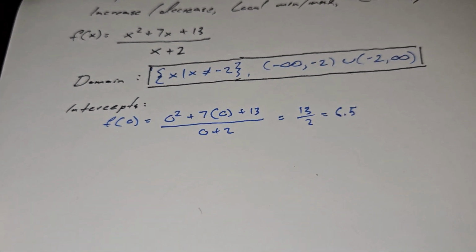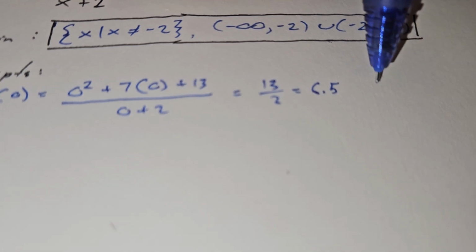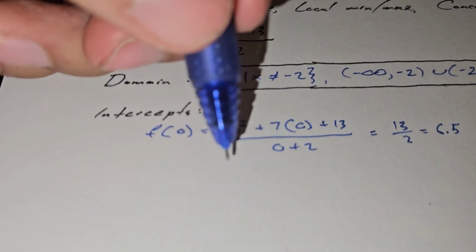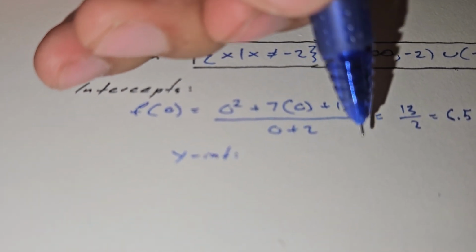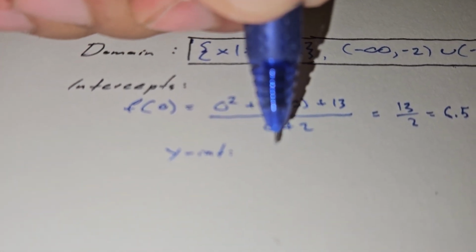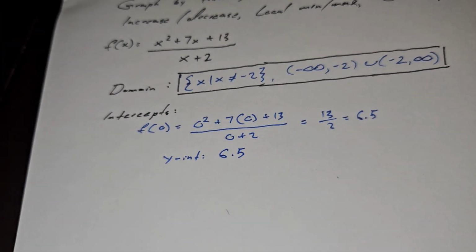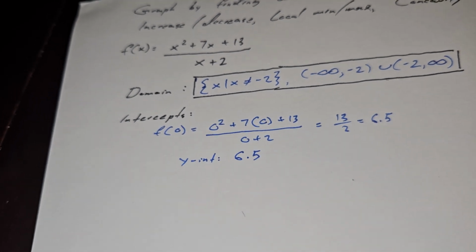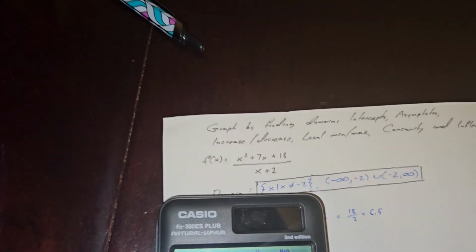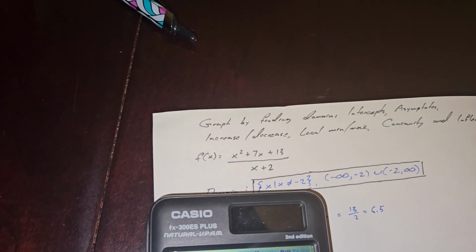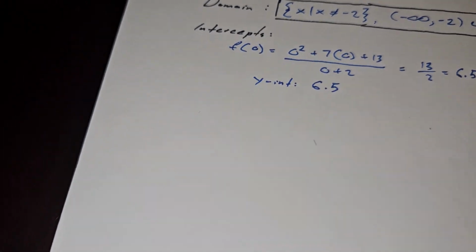So that is going to be your y-intercept. Your y-intercept is 13 divided by 2, aka 6.5. Let's make sure. We have 13 divided by 2, 6.5, yeah. So 6.5 is your y-intercept.